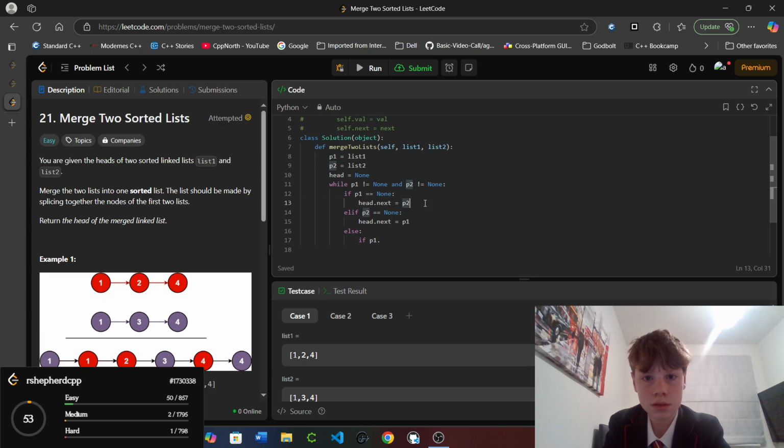Actually, no, I don't know what I was doing here. It should just be head equals p1, head equals p2, and then it should be head equals head.next.